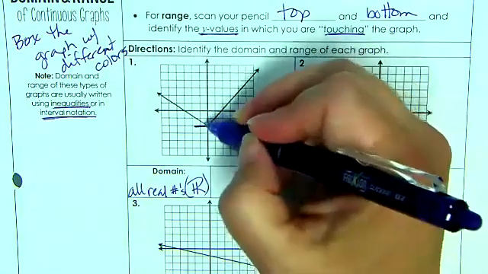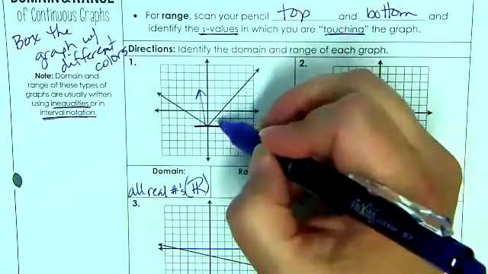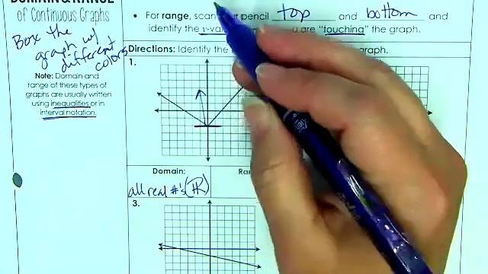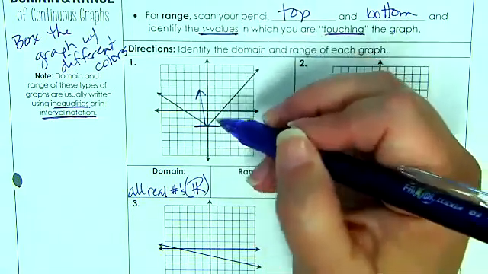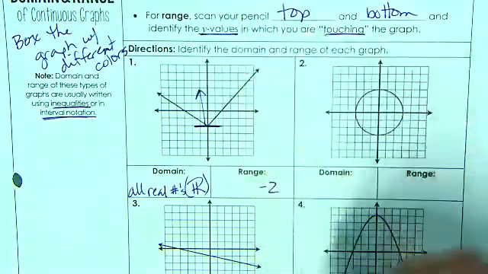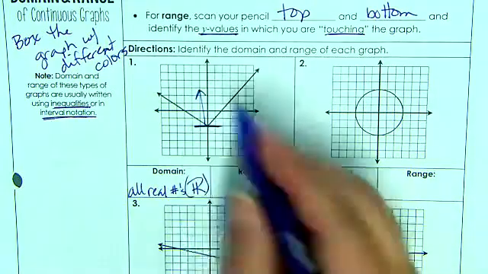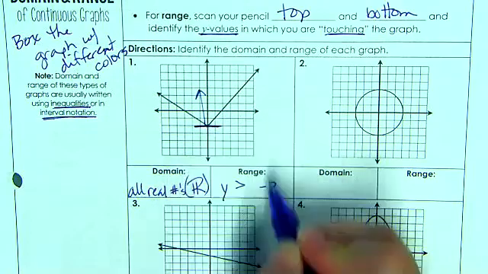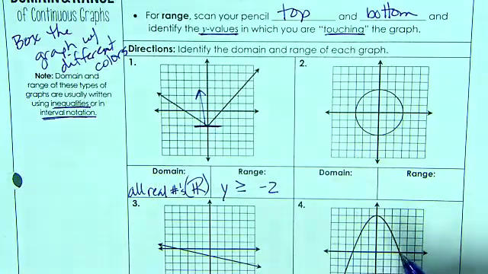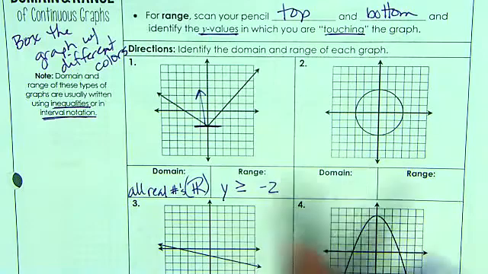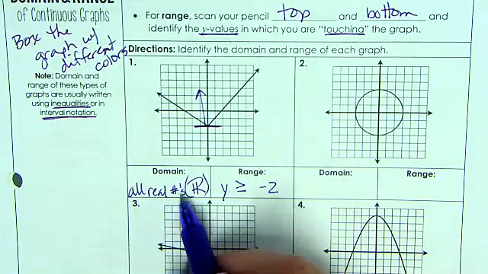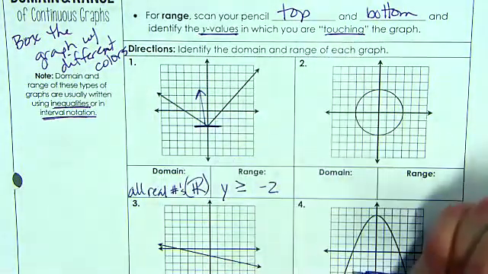But I'm going up this way and this way, so I have availability for everything greater than -2. So all Y values greater than or equal to, because it lands on it, -2. So my range is Y is greater than or equal to -2. My domain is all real numbers because the X values never end.